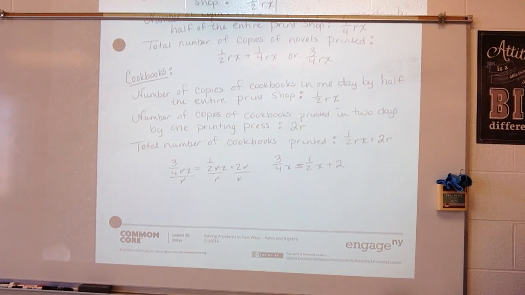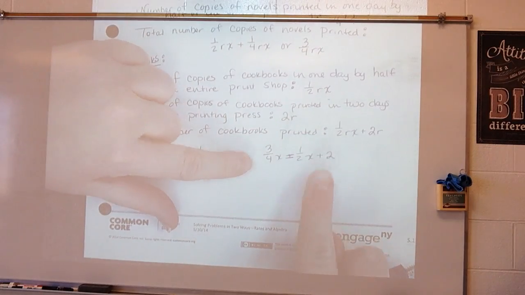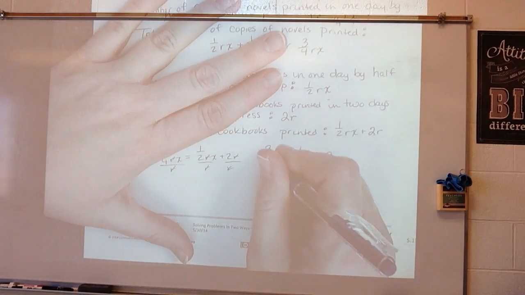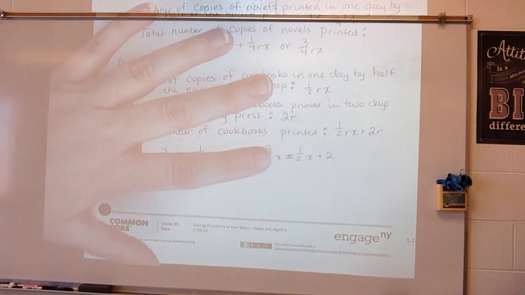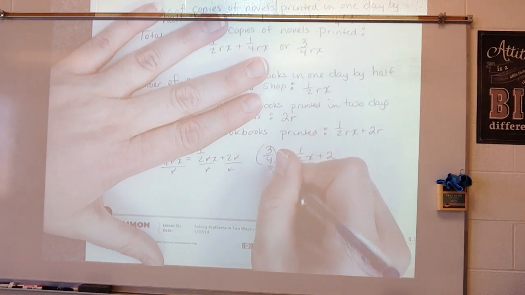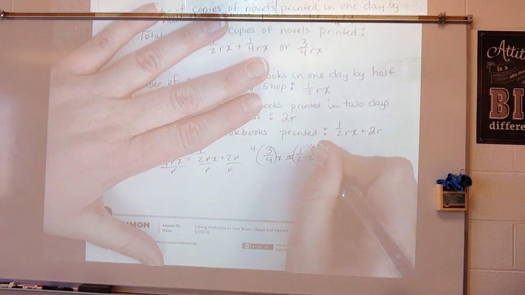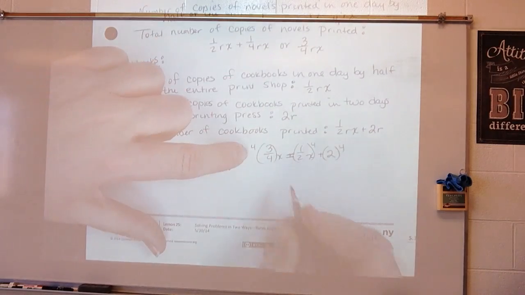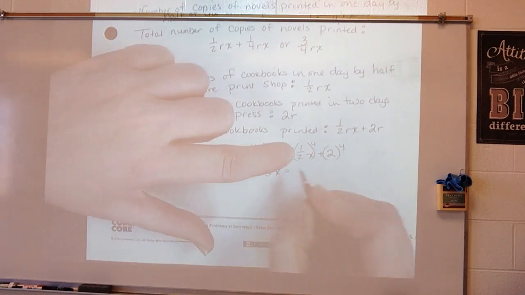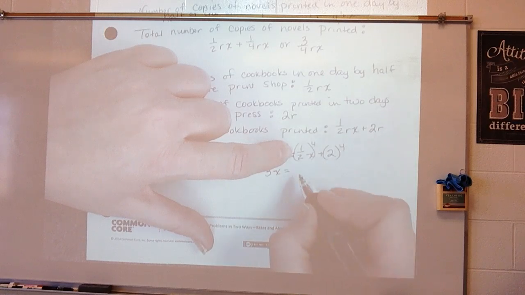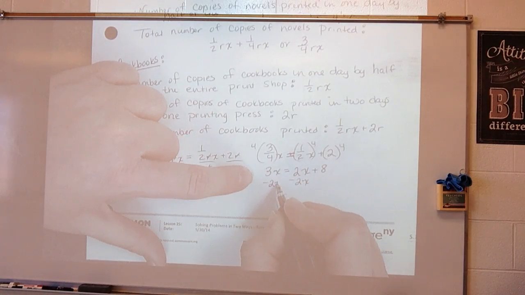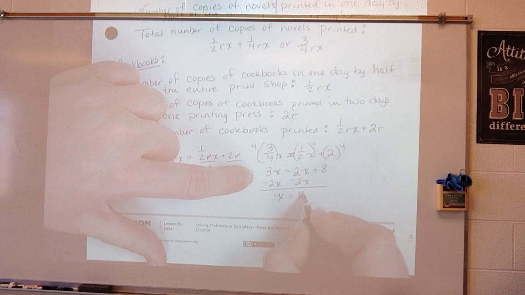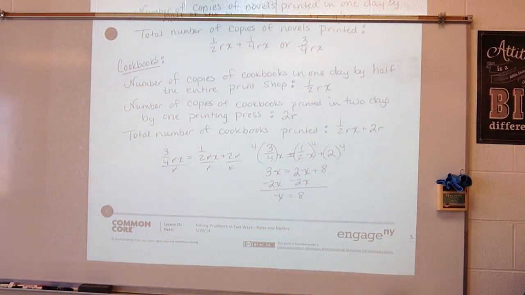Now we can solve this. You can get rid of that denominator. I would multiply everything by 4, because that's a common denominator. So I get 3x is equal to 2 times 1 is 2, plus 8. Subtract your 2x and I get x is equal to 8.